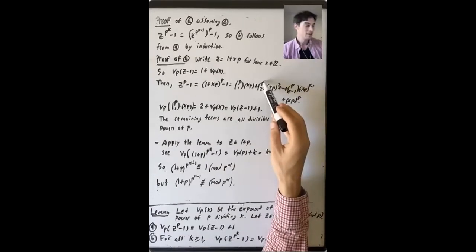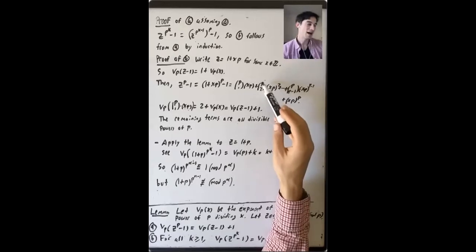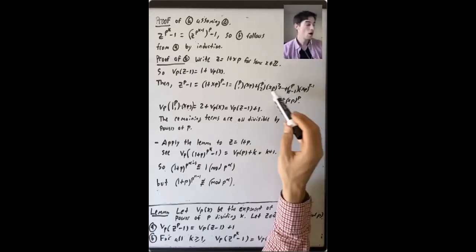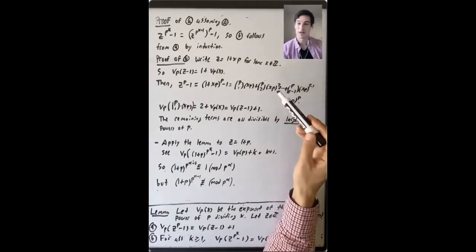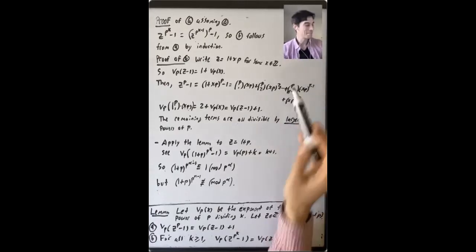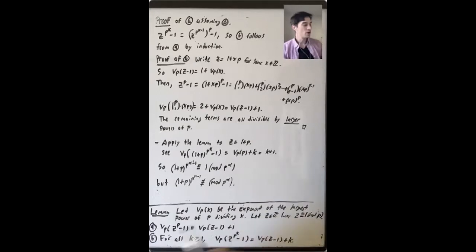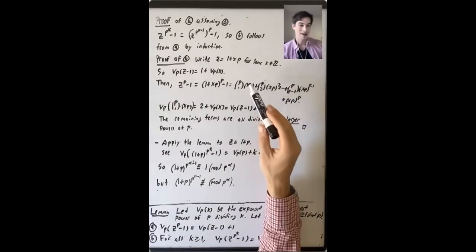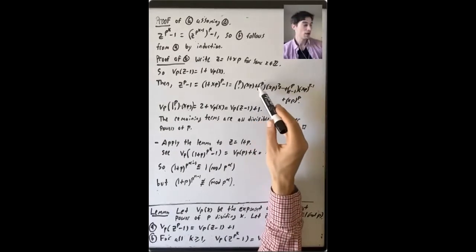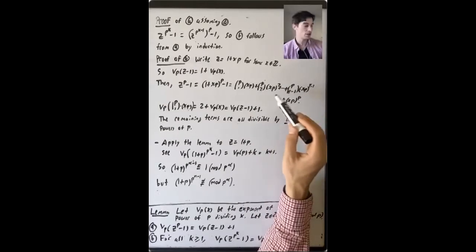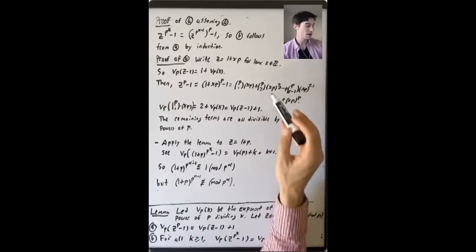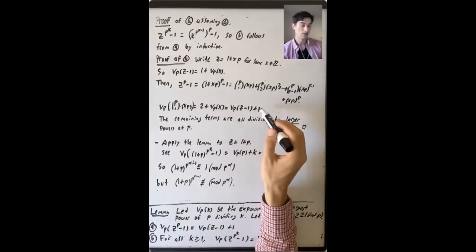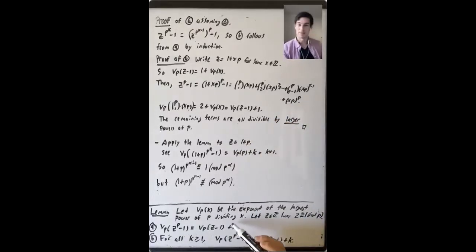And then, you need to know something about p choose 2, p choose 3, up to p choose p minus 1. All of these binomial coefficients are divisible by p. And you can think about that a little bit. Okay, so all of these other terms are divisible by larger powers of p. So if you have something that's divisible by a particular power of p plus some larger power of p times an integer, then the largest power of p dividing the whole sum is going to be the largest power of p dividing this first term. So we get vp of z minus 1 plus 1. And that proves the lemma.